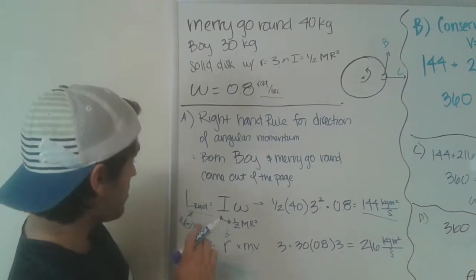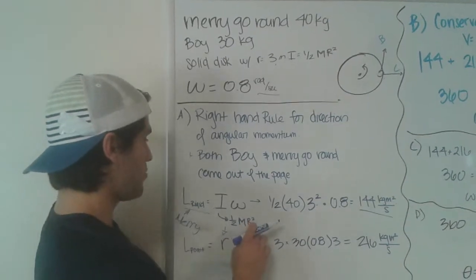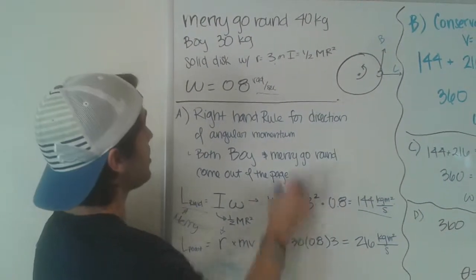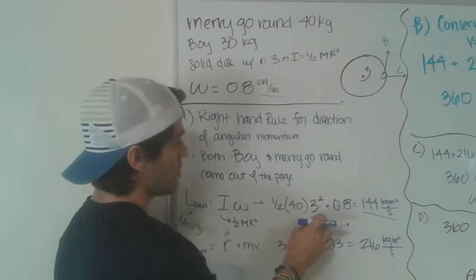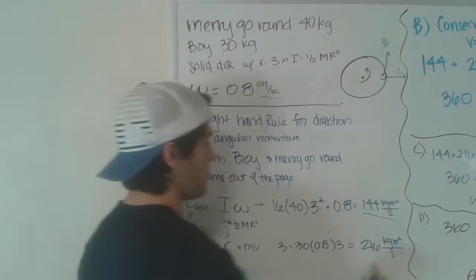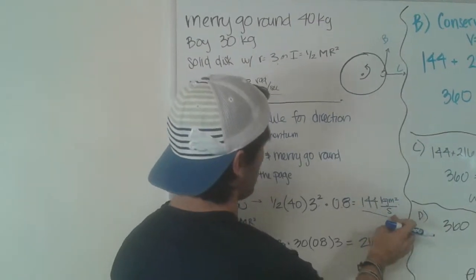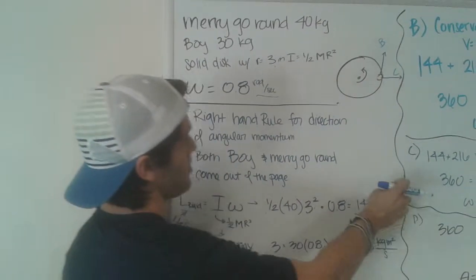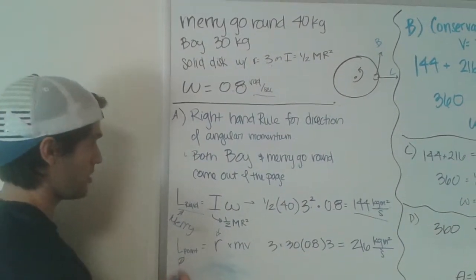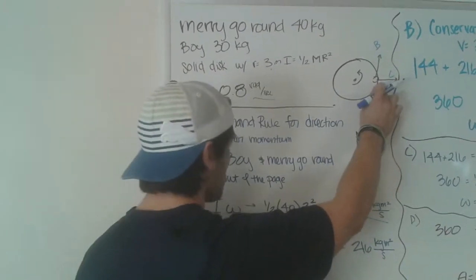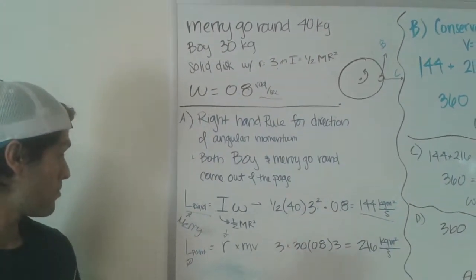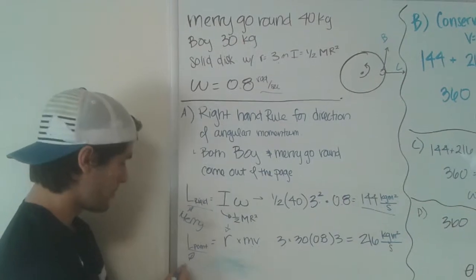We substitute the values of the merry-go-round, 40, which was given, the radius, times 0.8, which is the angular velocity, and you get 144 kilograms times meters squared per second. That's that.